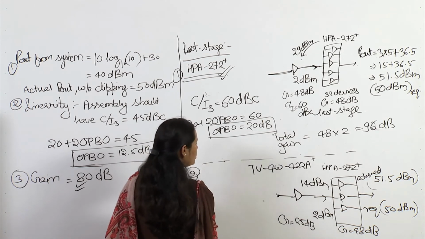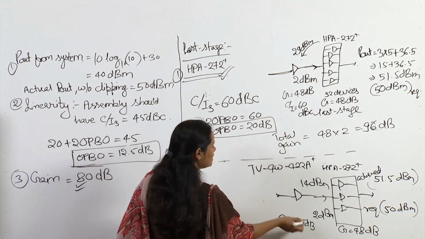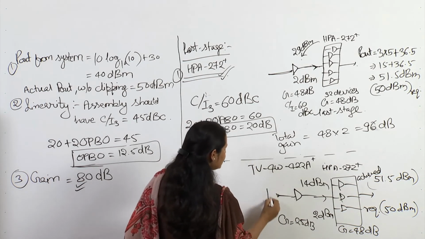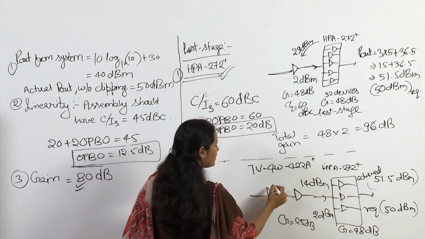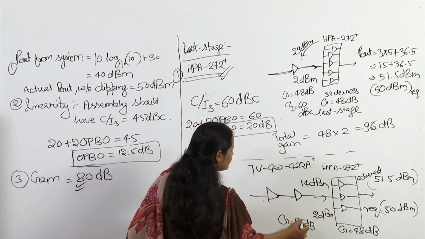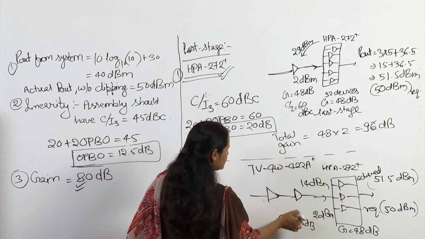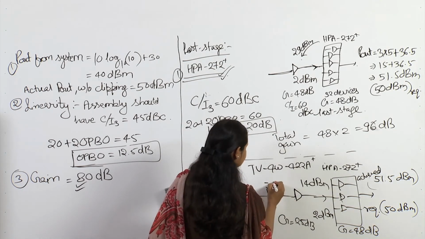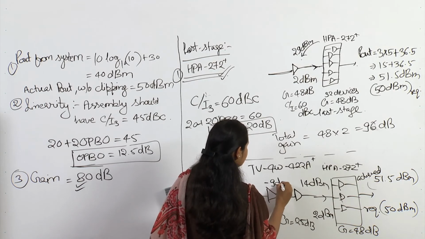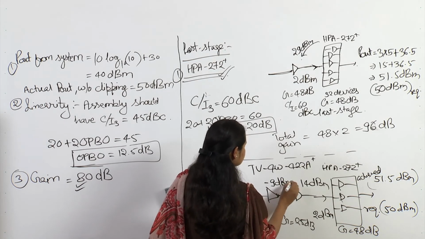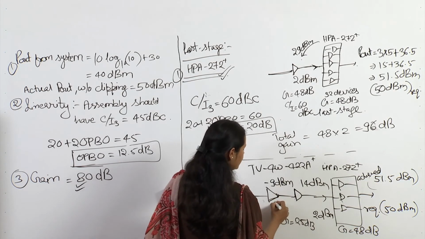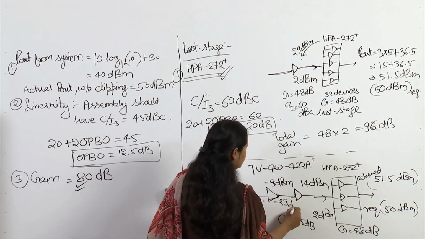We have to put one more stage before this, so that we can at least qualify our gain criteria there. So let us put the same device here, or we can put another one. It has 25 dB gain, so if I do the subtraction between these two, it will be minus 9 dBm according to this one, and from here it will be minus 23 dBm.